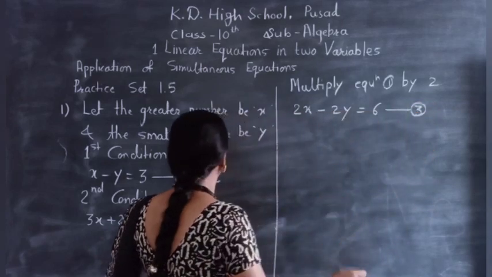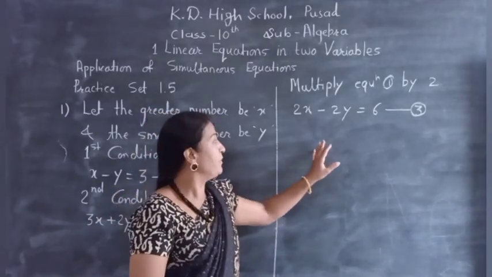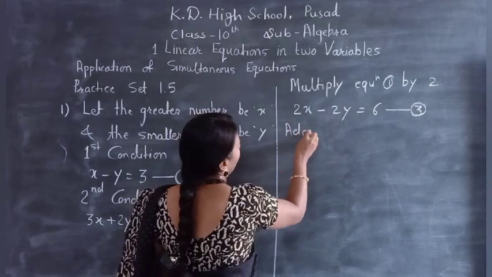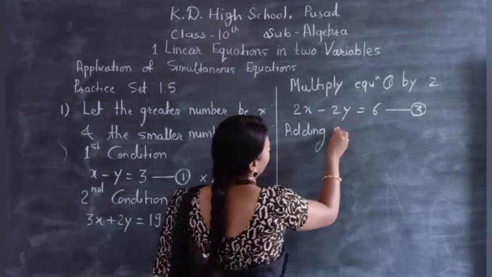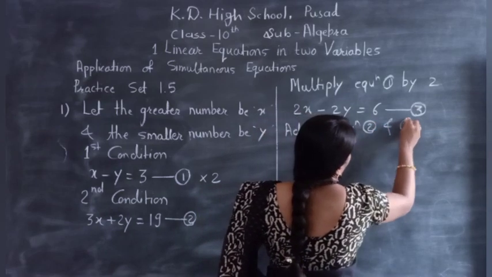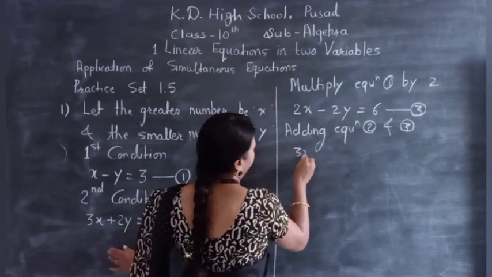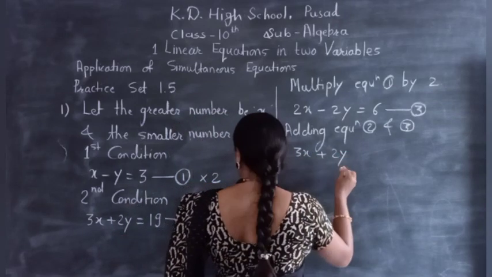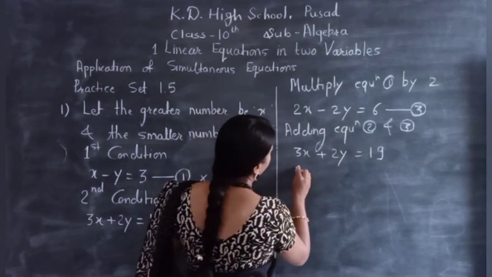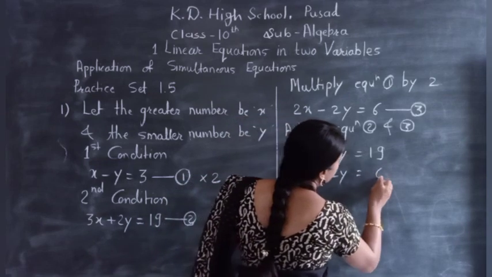Now here we observe that positive 2y and negative 2y, the signs are opposite. It means we have to add equations 2 and 3. Adding equations 2 and 3, that is 3x plus 2y is equal to 19, and the third equation, 2x minus 2y is equal to 6.